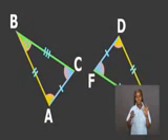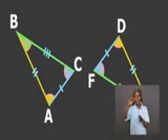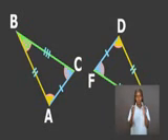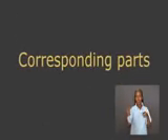Side AC is congruent to side DF. Parts of congruent triangles that match are called corresponding parts. Two triangles are congruent when all of the corresponding parts are congruent.